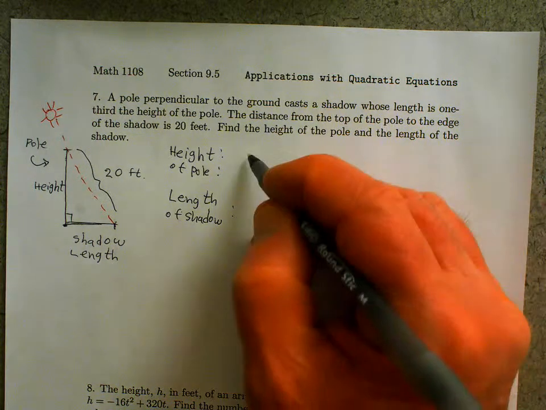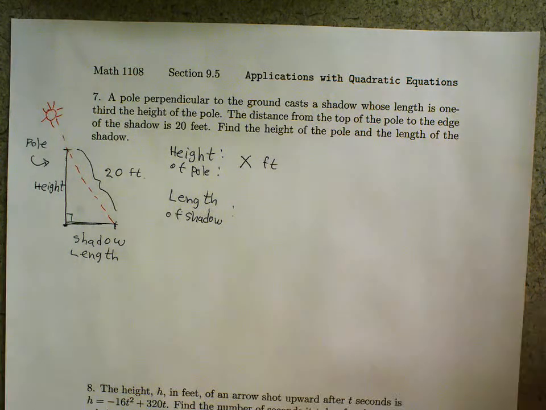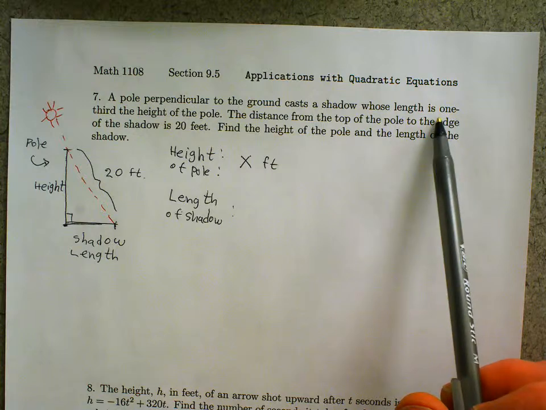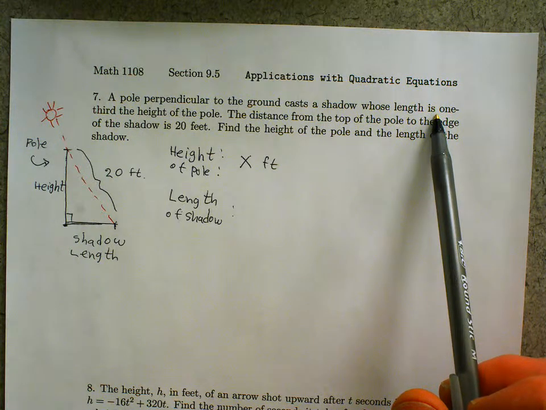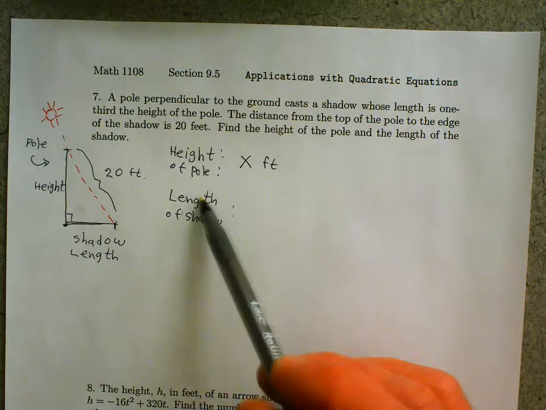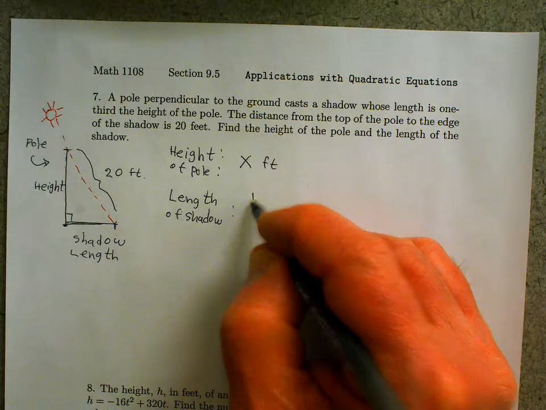If we say the height of the pole is x feet, and then we're told that the shadow is 1/3 the height of the pole, so if the height is x feet, the shadow is 1/3 times x feet.